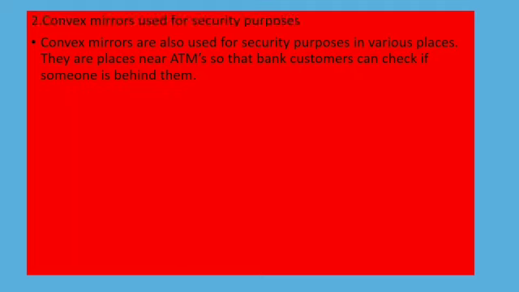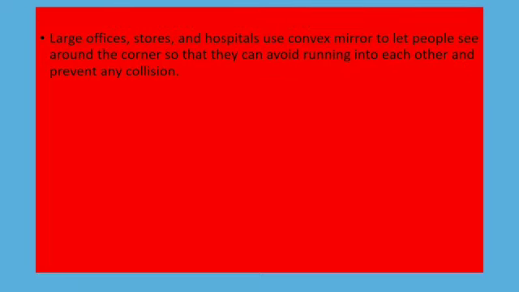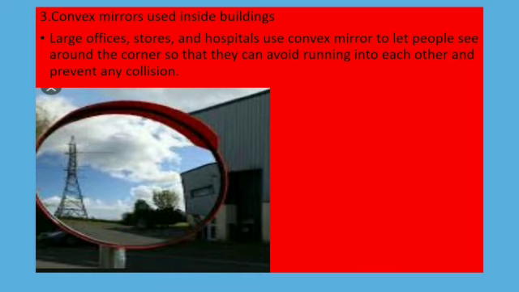Convex mirrors are used for security purposes. That means like in the ATM, when you are drawing cash, you can check whether someone is behind you. So one kind of security it is providing you. In the blind curves of the road and inside the buildings, convex mirrors are installed, especially in the blind curves when you cannot see a heavy traffic or a huge vehicle coming.